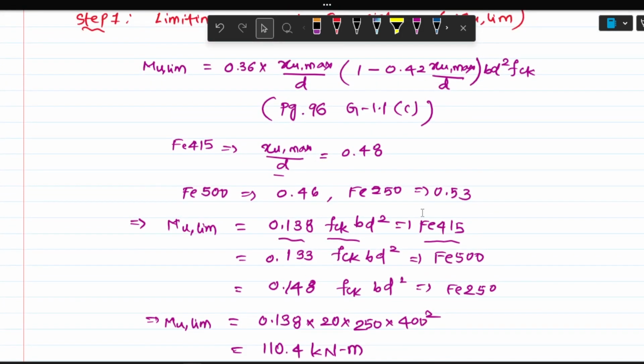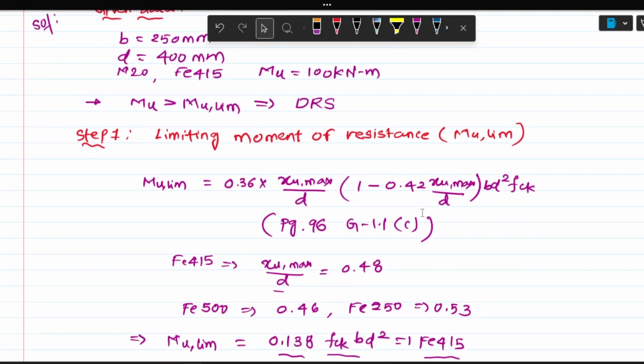And also one thing I have to tell. Here I have directly provided the Xu max by d value as 0.48, 0.46, 0.453.